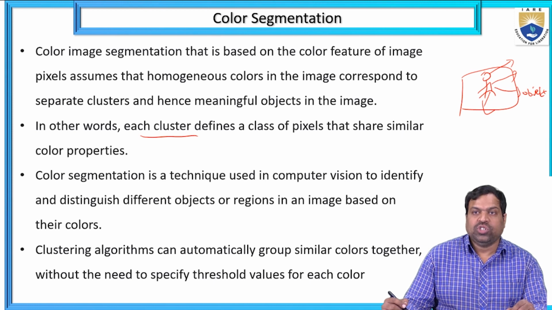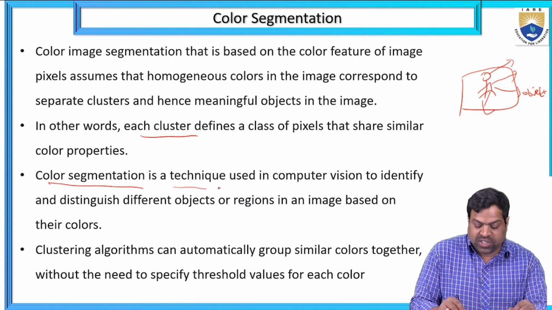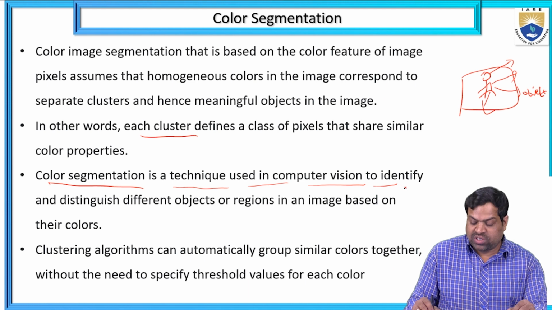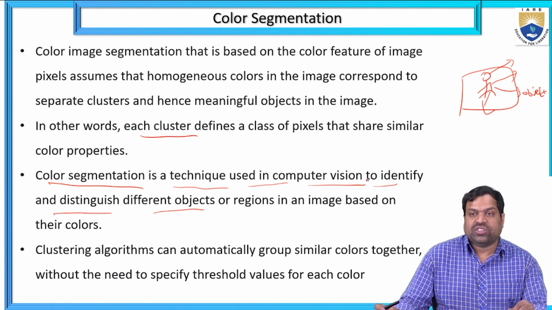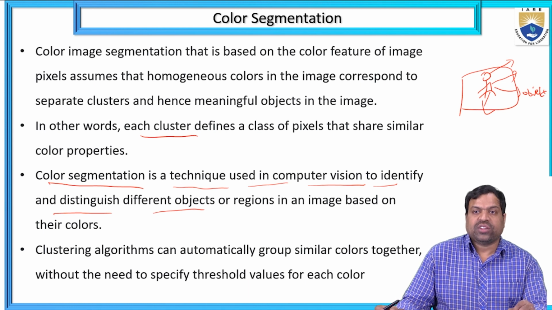Assume that homogeneous colors in the image correspond to separate clusters and hence meaningful objects in the image. In other words, each cluster defines a class of pixels that share similar color properties. Color segmentation is a technique used in computer vision to identify and distinguish different objects or regions in an image based on their colors. Clustering algorithms can automatically group similar colors together without the need to specify threshold values for each color.